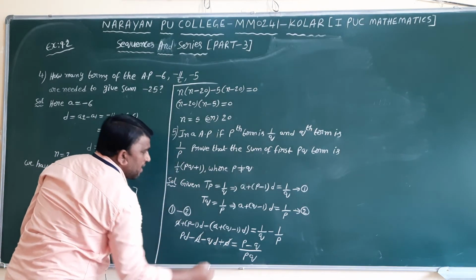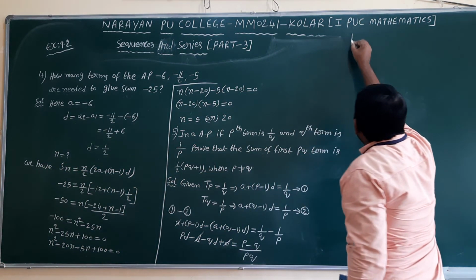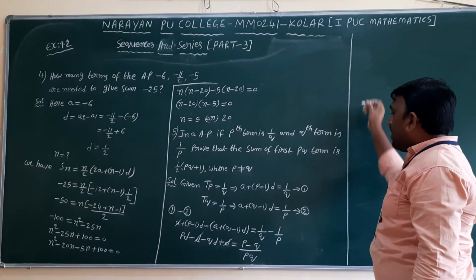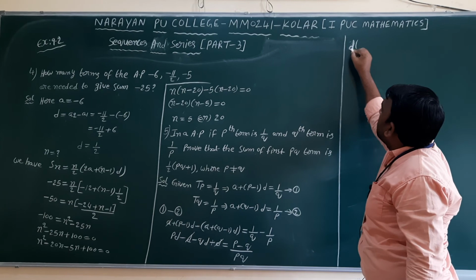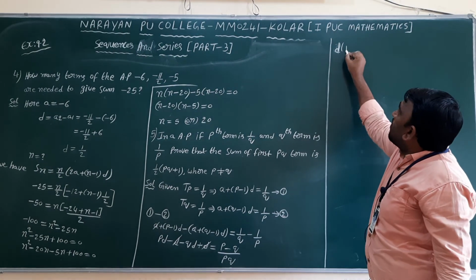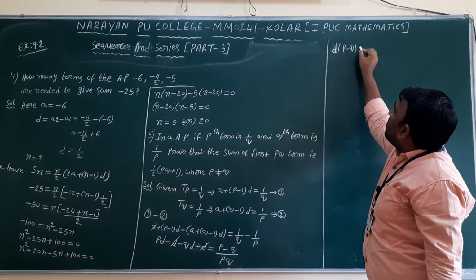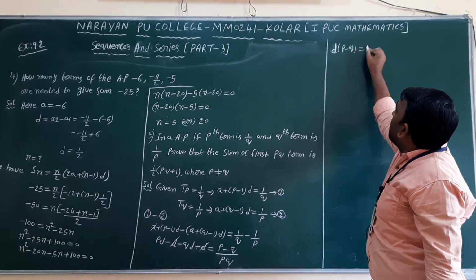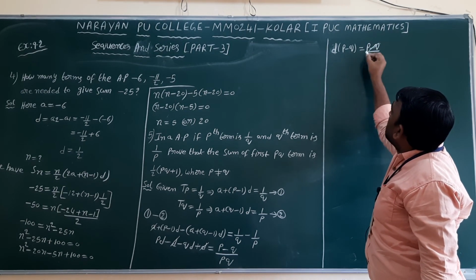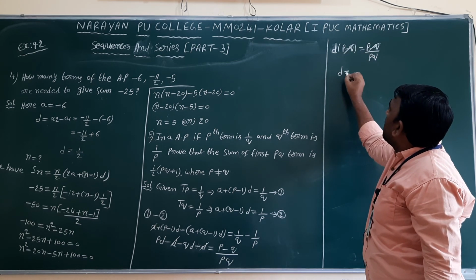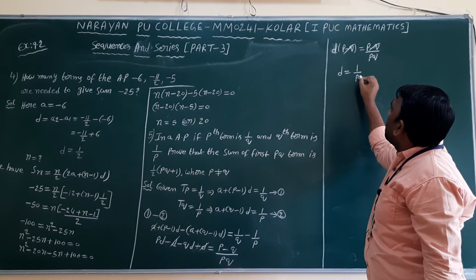Taking D common on the left, D into (P minus Q) is equal to (P minus Q) by PQ. So P minus Q cancels, and D value is 1 by PQ.